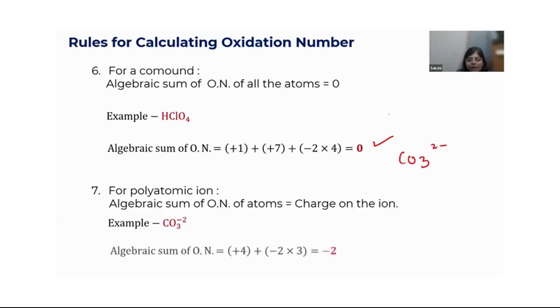The charge on carbon plus the charge on oxygen is equal to the overall charge. So the charge on carbon is +4, right? Now one oxygen has a charge of -2, so 3 will have a charge of -6, right? So 4 minus 6 is equal to -2. Hence, if there is a charge present on the top, then all the oxidation numbers should amount to that charge.